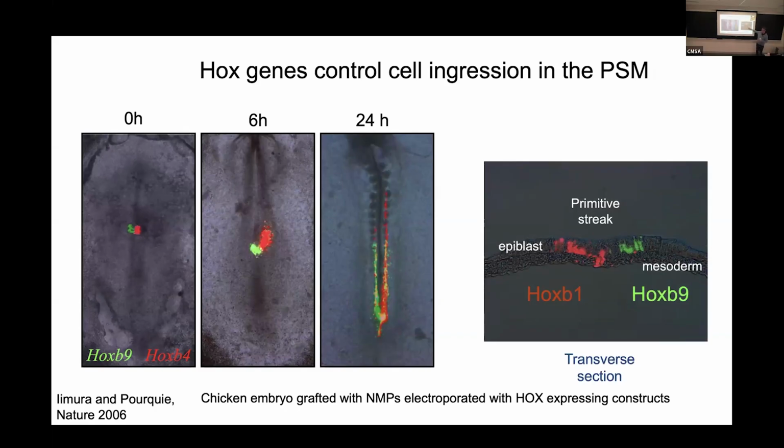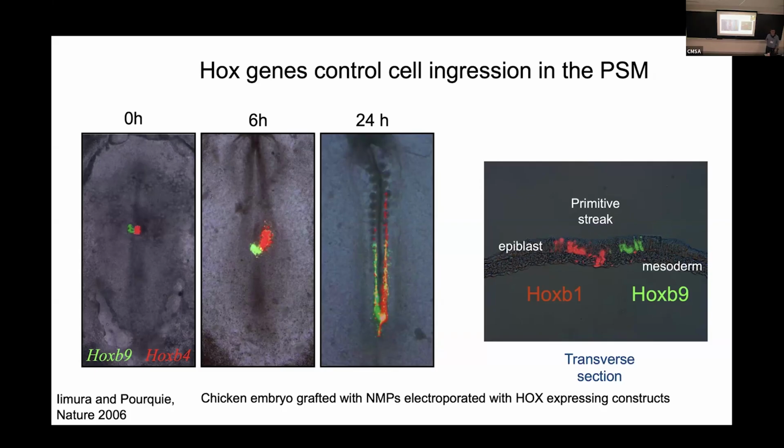And you can actually see this when you section embryos at these stages, for instance, here. You see that the cells that express the B1, which is the anterior gene, they already ingressed, so they moved into the mesoderm. Whereas the other one that expressed B9, they're retained in the epiblast.